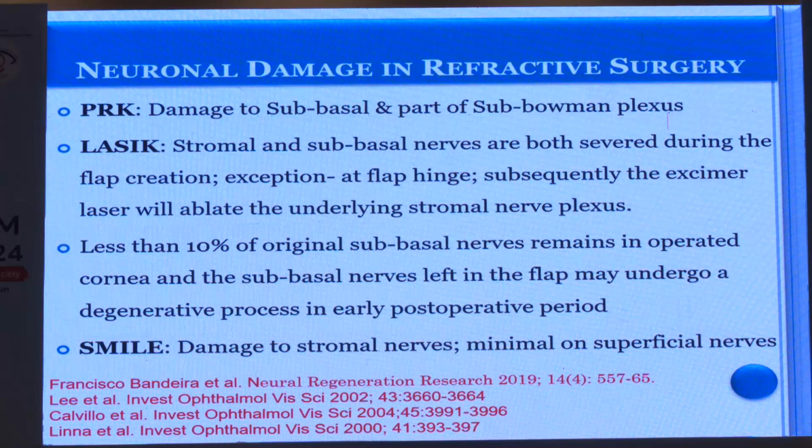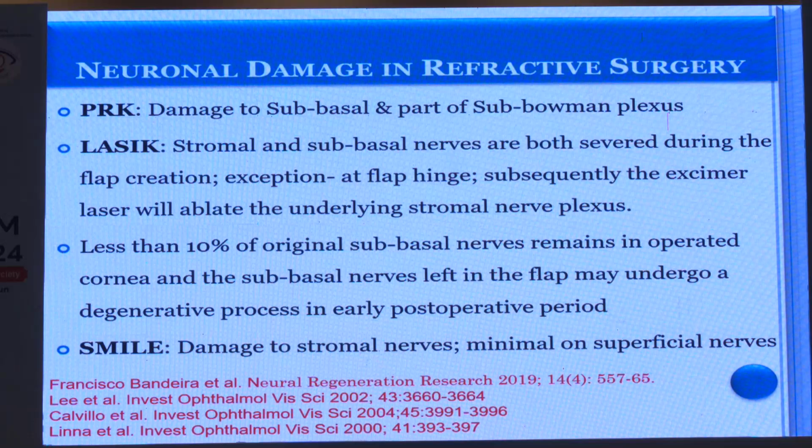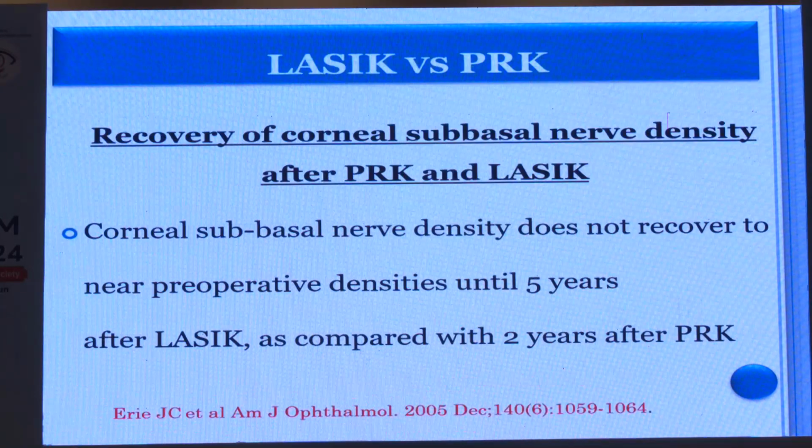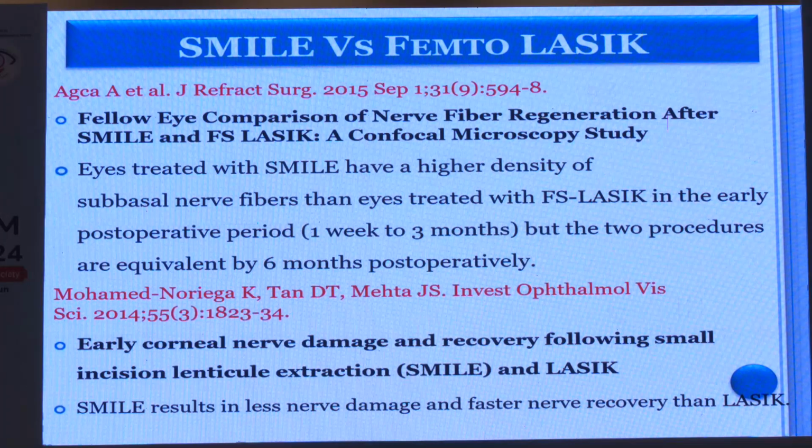And when you do a SMILE, you remove a lenticule, so you preserve a large majority of the subBowman and subbasal plexus, but you remove part of the stromal plexus. And that is why dryness is most often seen with LASIK, and less with PRK and less with SMILE in the early phase. Gradually the nerves regenerate and then things become better.